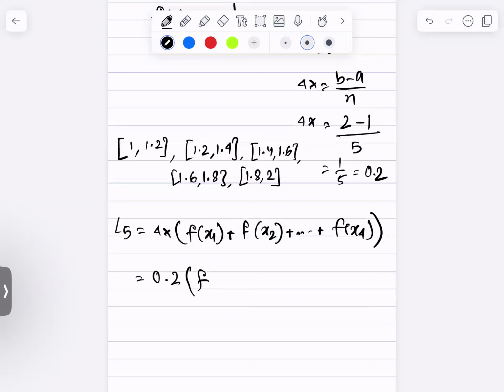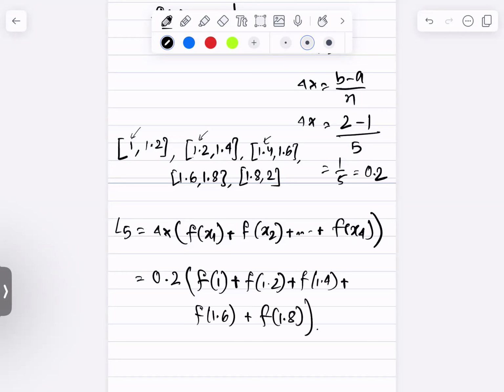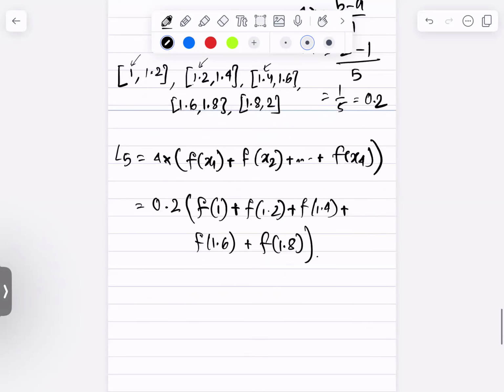I'm using the left endpoint, so this is my first point. So f of 1, then this is the first point of the second subinterval, so f of 1.2 plus f of 1.4, similarly f of 1.6 and f of 1.8. That is it basically.